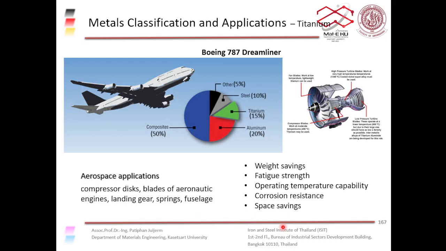When you change to titanium alloy, you can reduce the section of the component to be thinner, and by doing that you are saving the space. You can use the space to do something else when you reduce the cross section of the component, right? That's what space saving means.